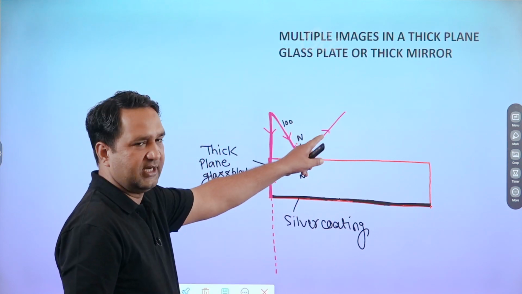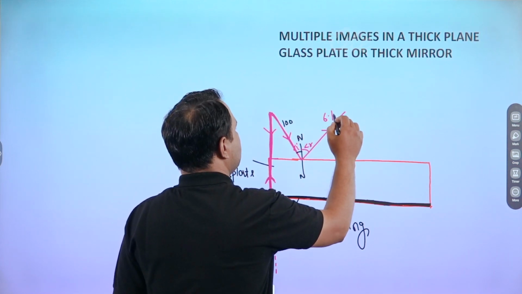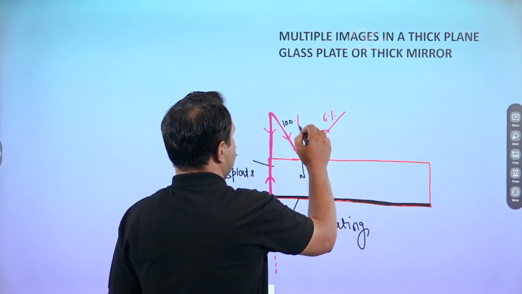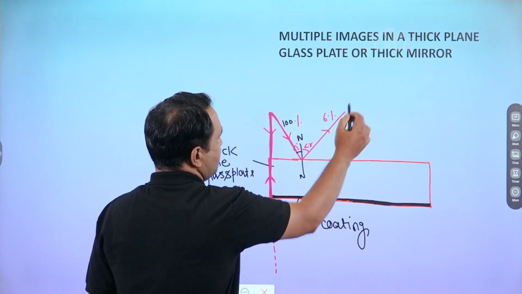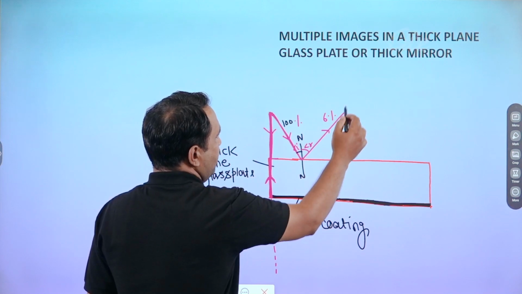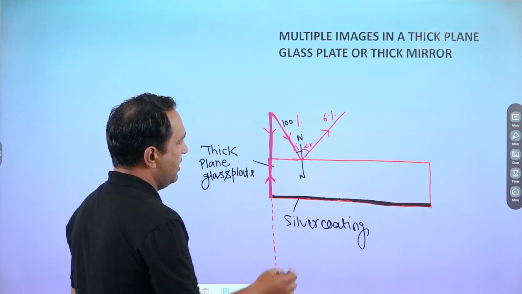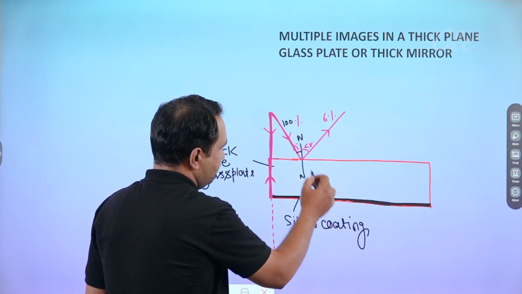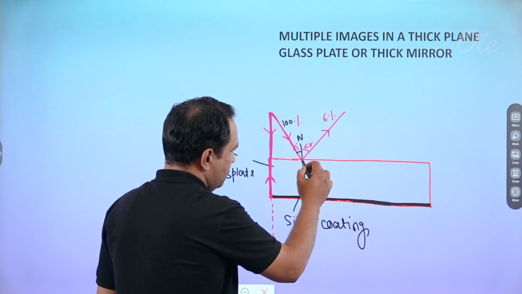So this is the reflected ray and its intensity is 6%. If this ray is 100%, then a 6% intensity ray went for reflection. And now the 94% intensity ray will refract.